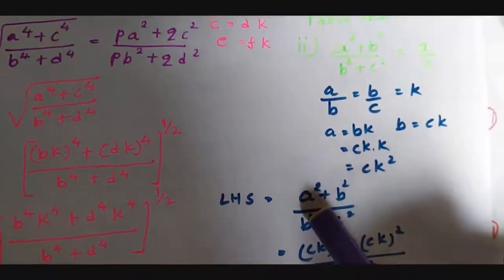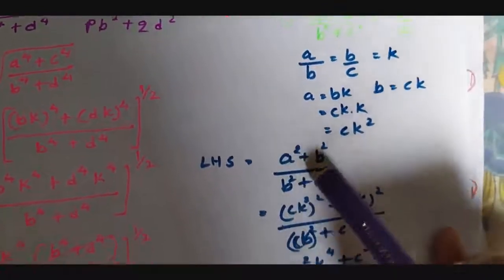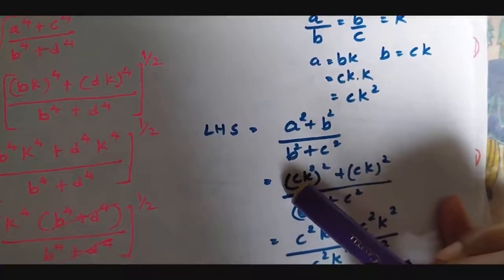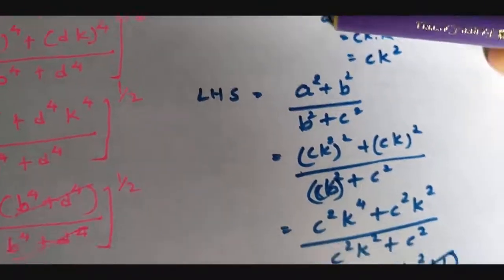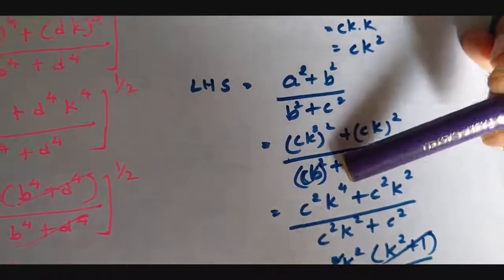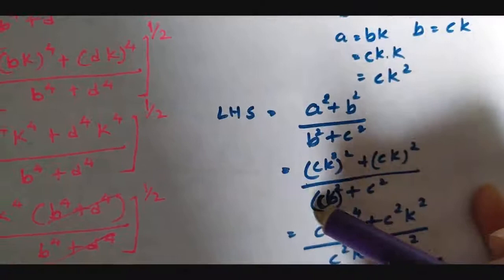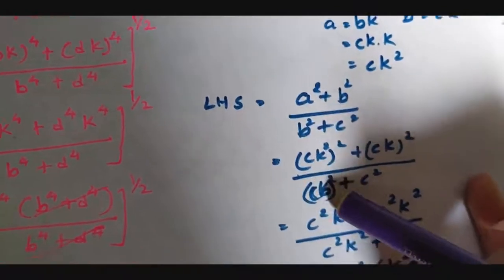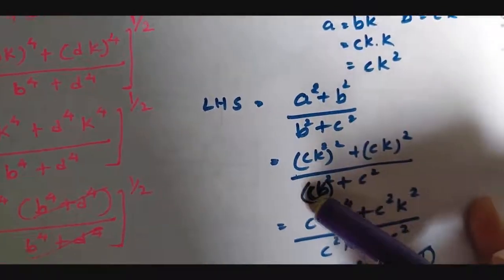Now placing the values on the left hand side, our left hand side is this, so I place the value of a, that is (ck^2) whole square, and value of b, (ck) whole square. In the denominator, b value is (ck) whole square and this is c^2, this is ck.